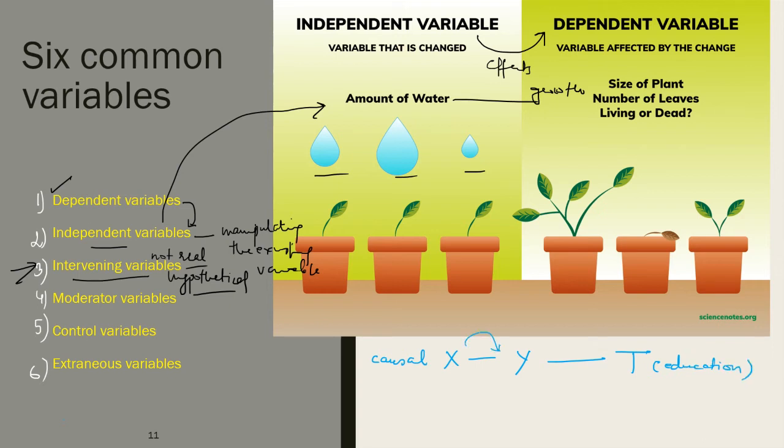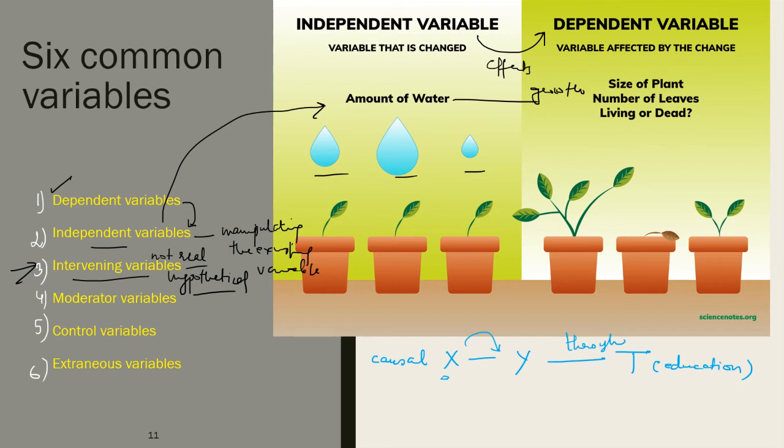T predicts Y but is simultaneously predicted by X. So intervening variables explain relationships. They help us explain the relationship between observed variables such as independent variable and dependent variable.